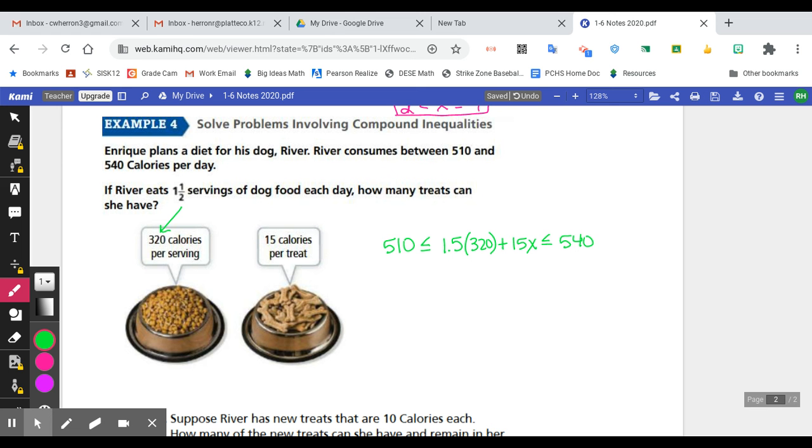Okay, so if I take 1.5 times 320, I get 480. Okay, let's subtract 480. So this should be 20. And this is 60.